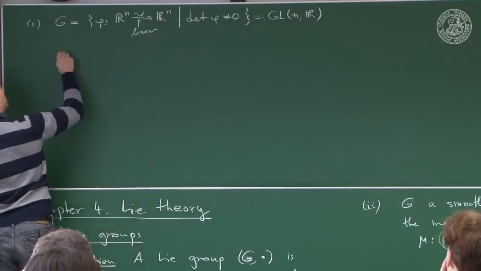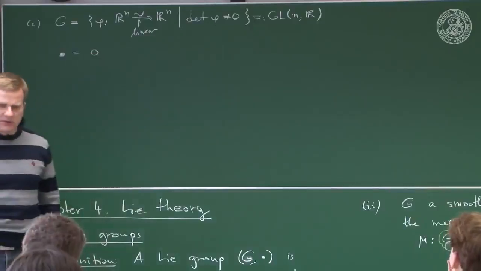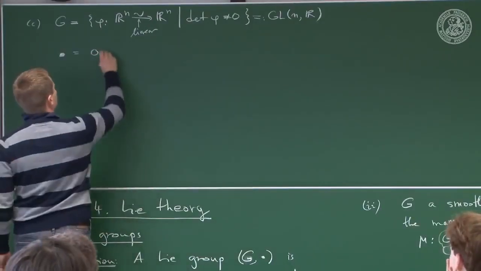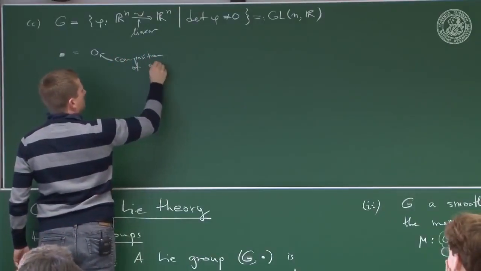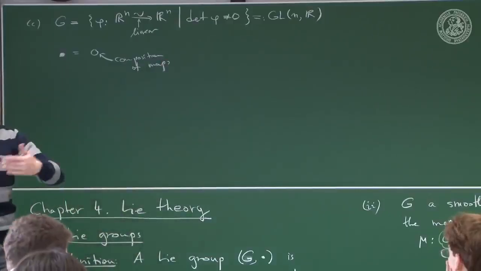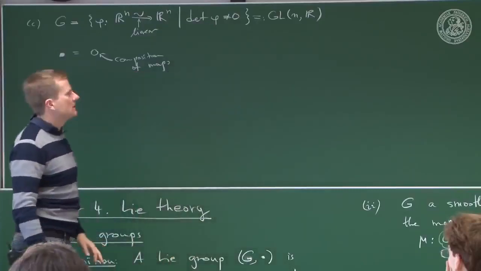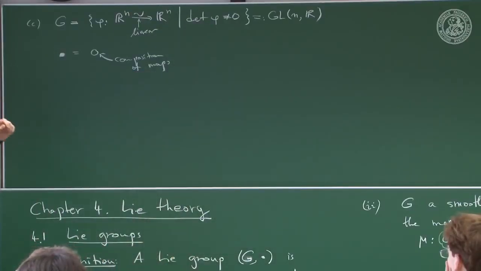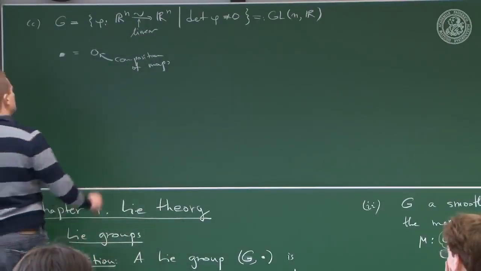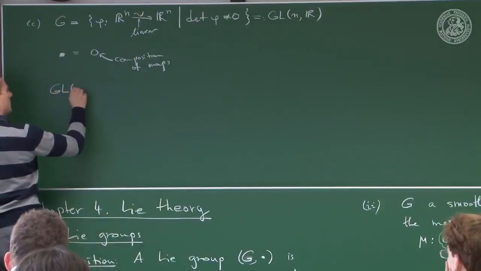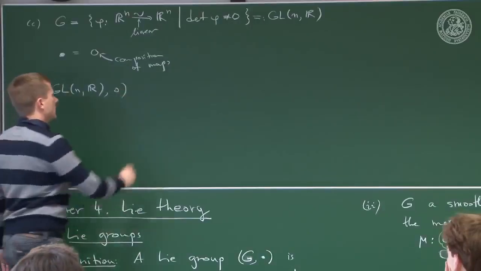And if the blob operation is chosen to be the circ, the composition of maps, then certainly I can compose one map with another one, and because the determinant of the map is non-zero, there always exists an inverse, and the identity map is the identity of the group. So we have GLnR equipped with the composition.